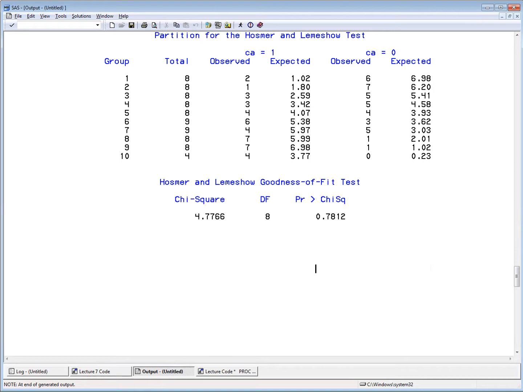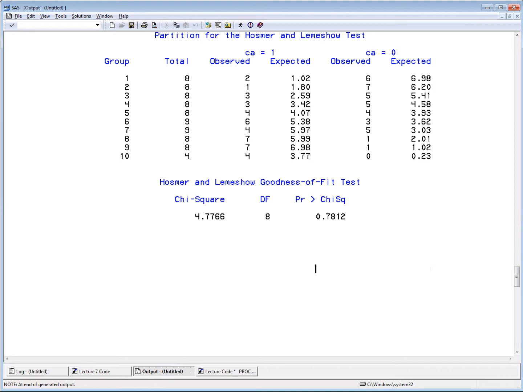Now remember, these 10 groups are ordered based on their predicted probability. And so, not surprisingly, as we move from group 1 to group 2 to group 3 to group 4, this should be intuitive to us. We're seeing more and more people in the coronary artery equals 1 group and fewer people in the coronary artery equals 0 group.